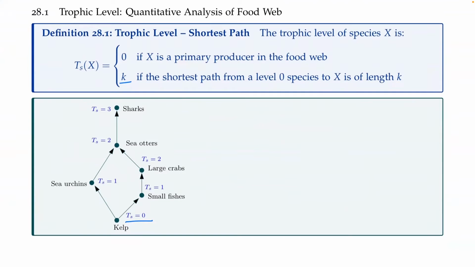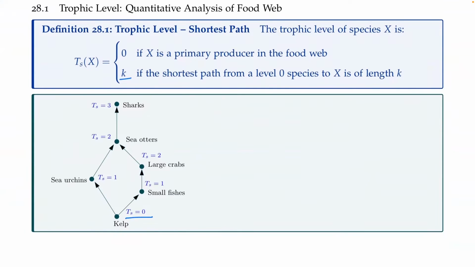So the pre-lecture went through various examples. We can calculate this by shortest path. So for example, for sea otters here, we calculate the trophic status as being the shortest distance between a primary producer, so that's something like a plant, in this case kelp, and that species. There are two paths that we could take to sea otters.